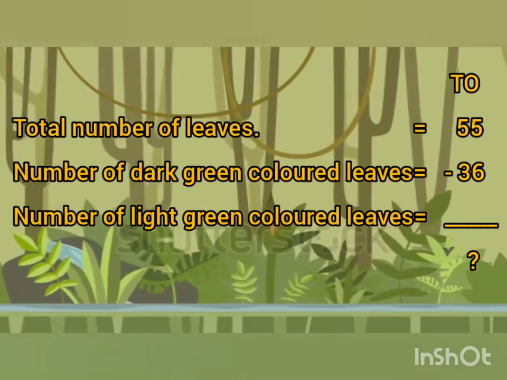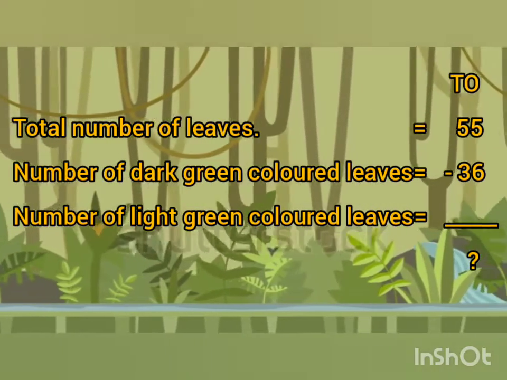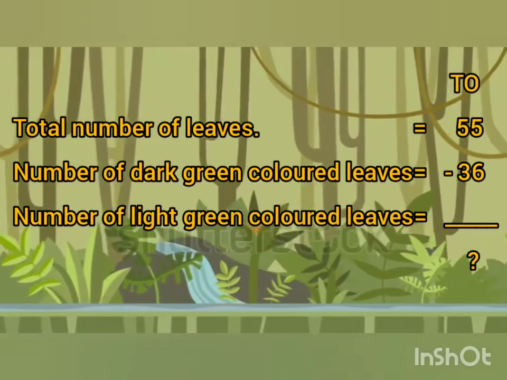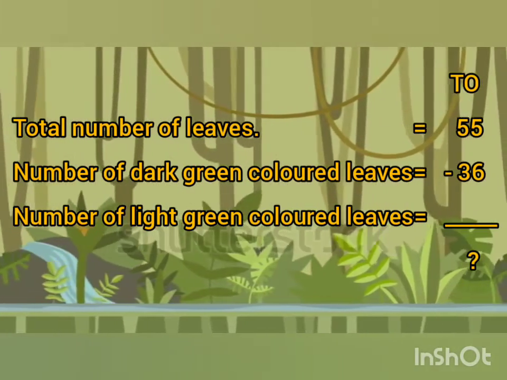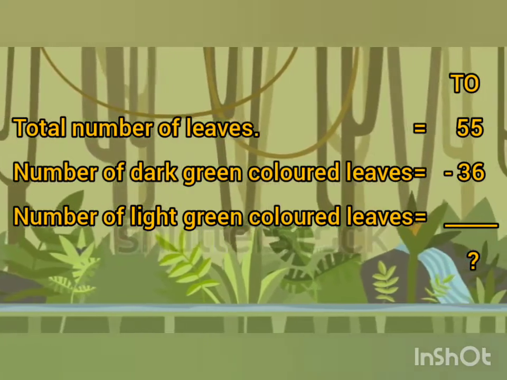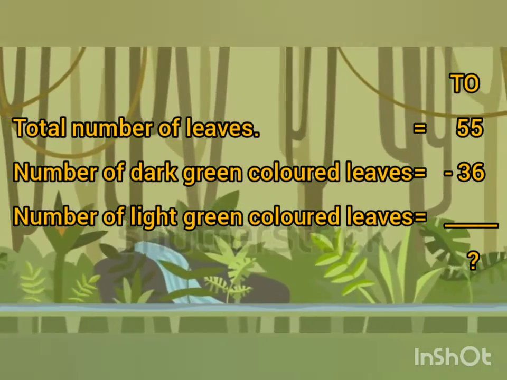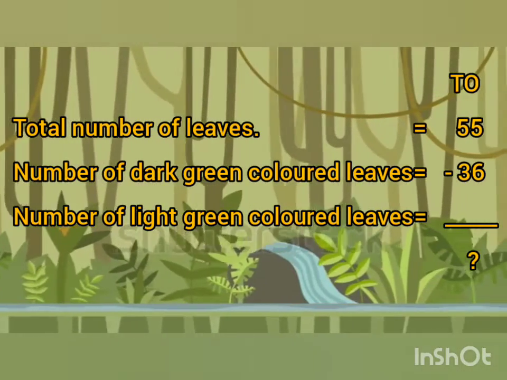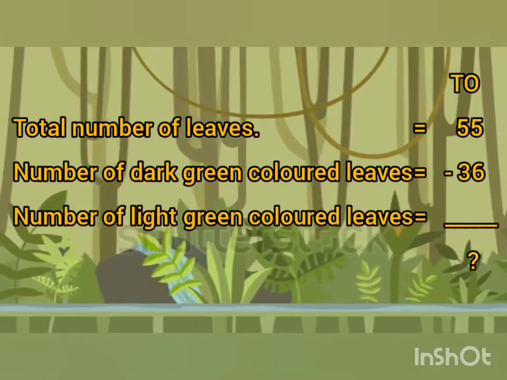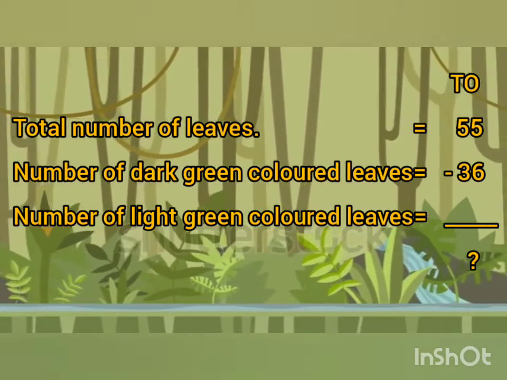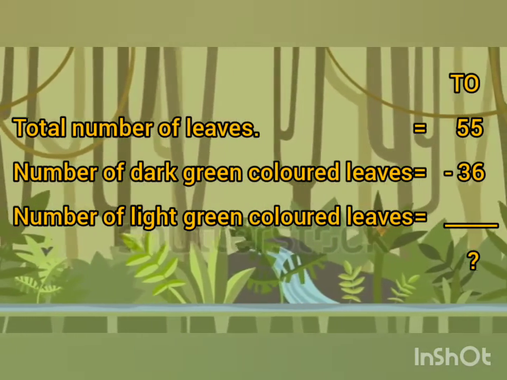So kids, as you know that total number of leaves equals 55 and number of dark green colored leaves equals 36. And here again we need to subtract both numbers to find out light green colored leaves.